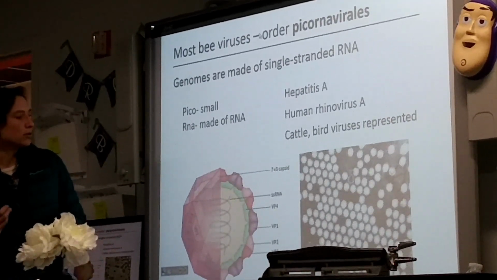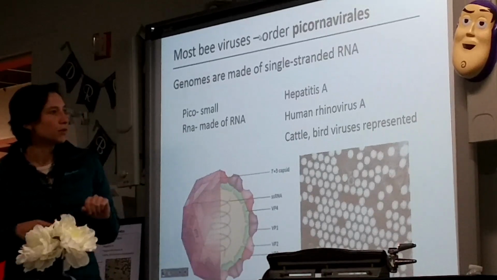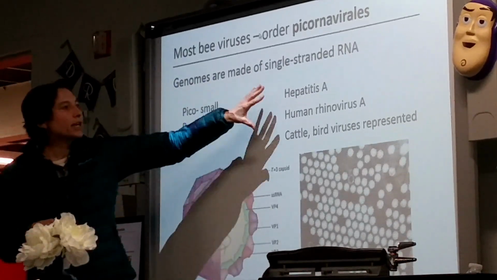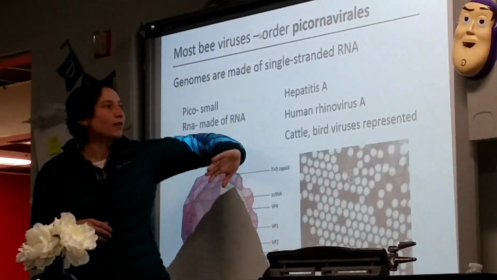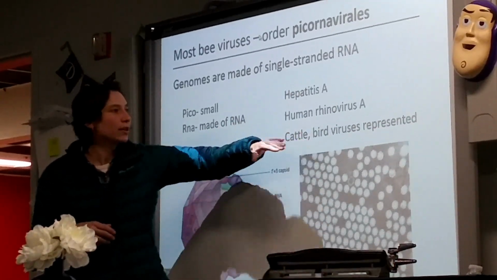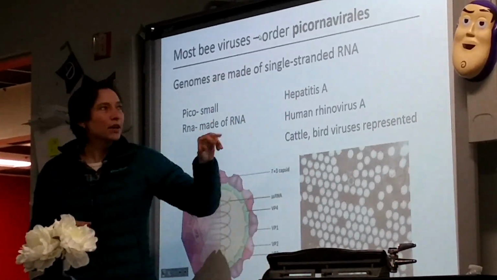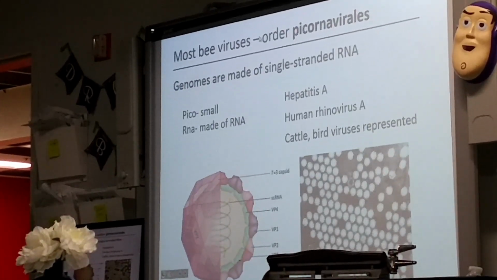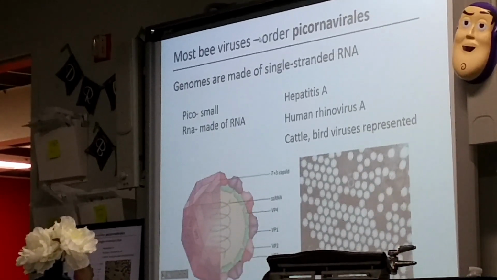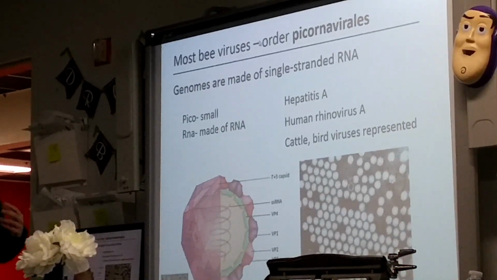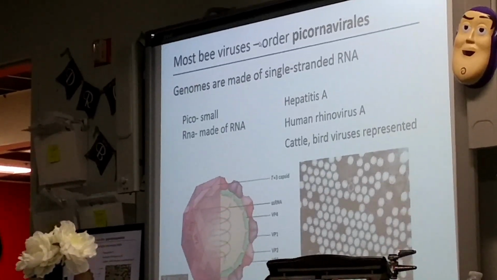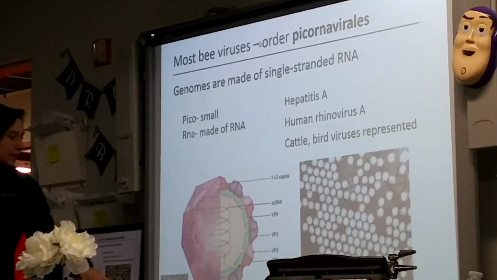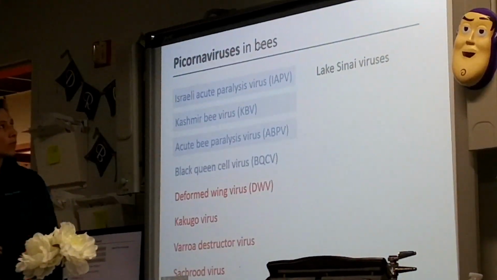Not important to know for the sake of this talk, but just to give you a sense. There are other types of viruses that infect animals, cattle, birds, and also humans, that are in the same category. So these viruses are related across different hosts, which is an interesting feature of viruses. That's one of the reasons they're able to infect hosts of a variety of species.